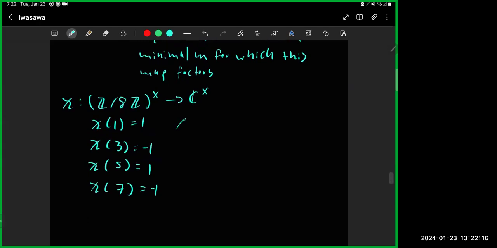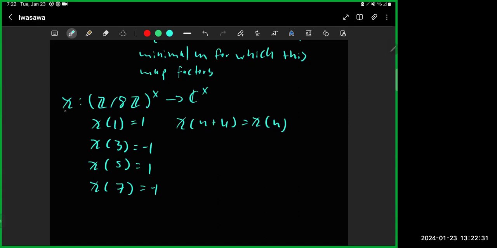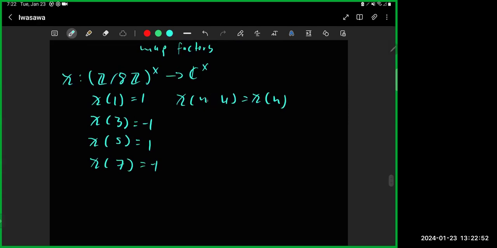Namely, chi of n plus 4 is equal to chi of n. So we might as well consider chi, instead of being a character modulo 8, as a character modulo 4.